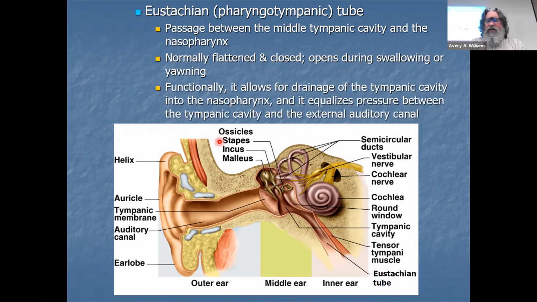Why? What's going on with that? Well, why do you have this tube that connects to your throat? Well, it allows for drainage of the tympanic cavity. If you get fluid in there, of course, it'll drain down into your throat. But also, since it opens up on occasion, it equalizes the pressure between the tympanic cavity and the external auditory canal.